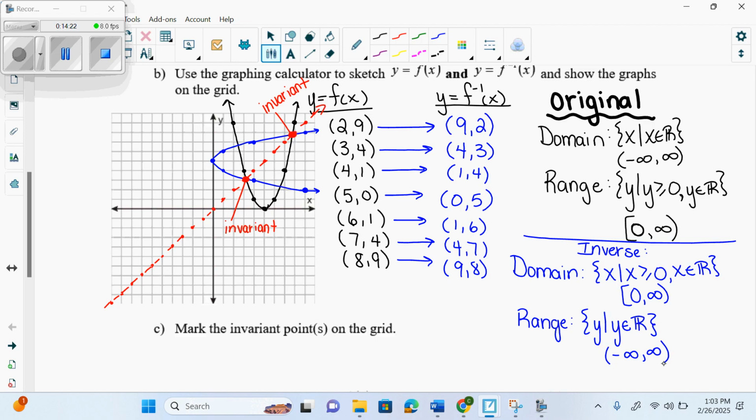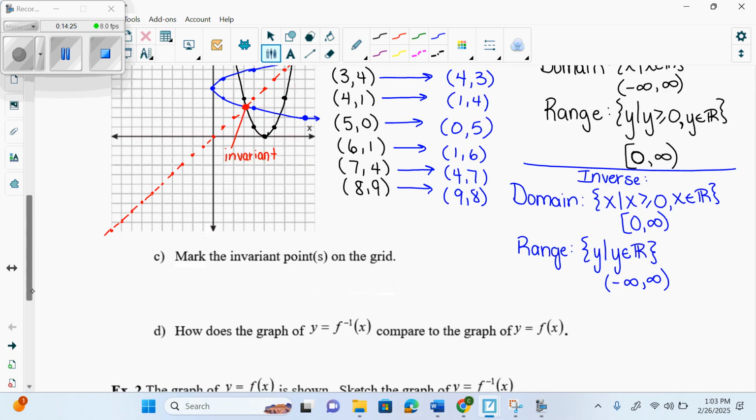We marked the invariant points on there already. How does the graph of y equals f negative 1 of x compare to the graph of y equals f of x? It's an inverse, or we can say a reflection in the identity line.